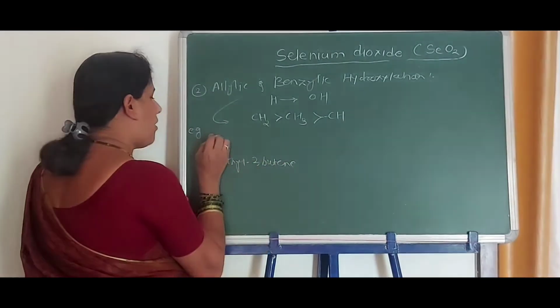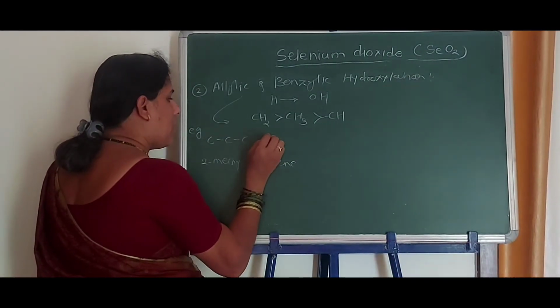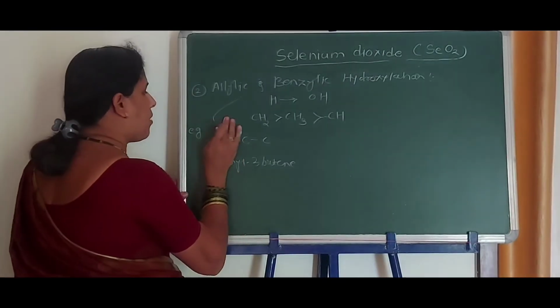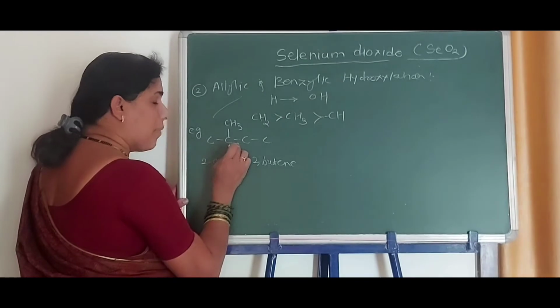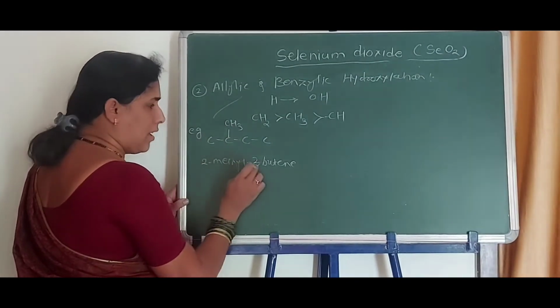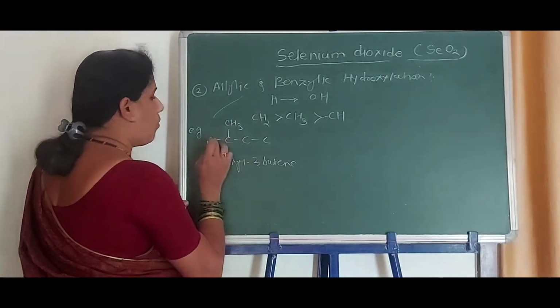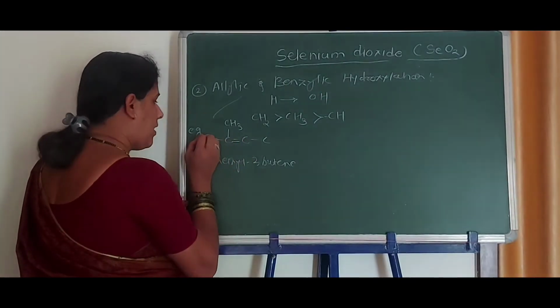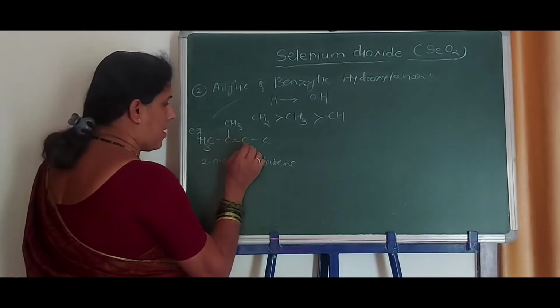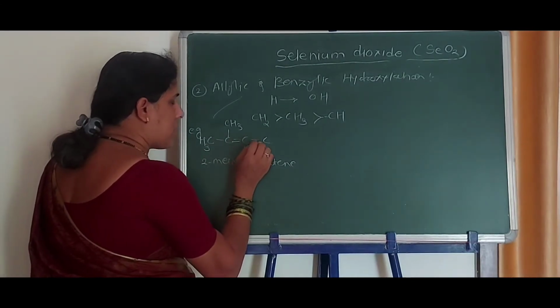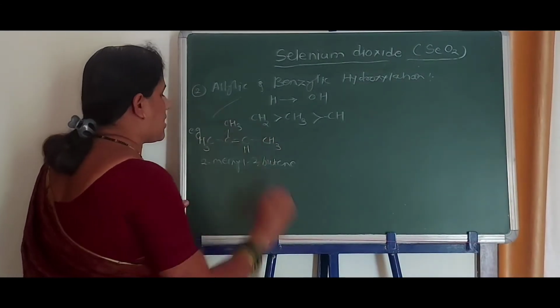You have to draw the 4 carbon atoms here. 2-methyl is in this position, and the double bond is at the 2 position. Here CH3, then 1, 2, 3, 4, and at 3 a CH, and here CH3.